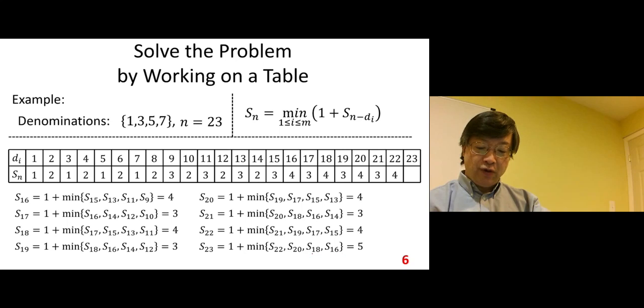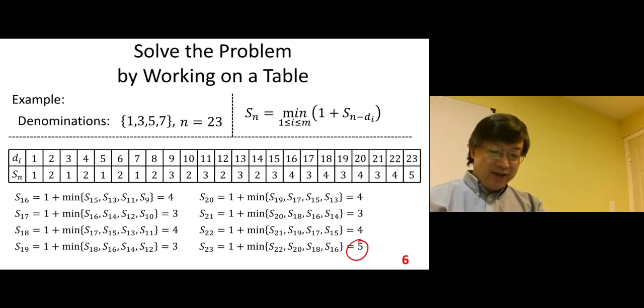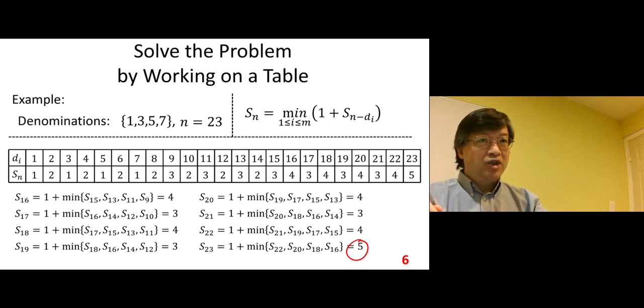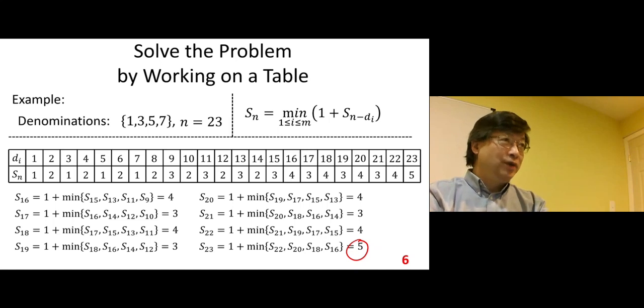So all these numbers are 4. We cannot get smaller than that, so the final answer is 5. Although for us it's tedious work on scratch paper, for a computer, for your program, that's simple. You write a for loop, so you can easily calculate.